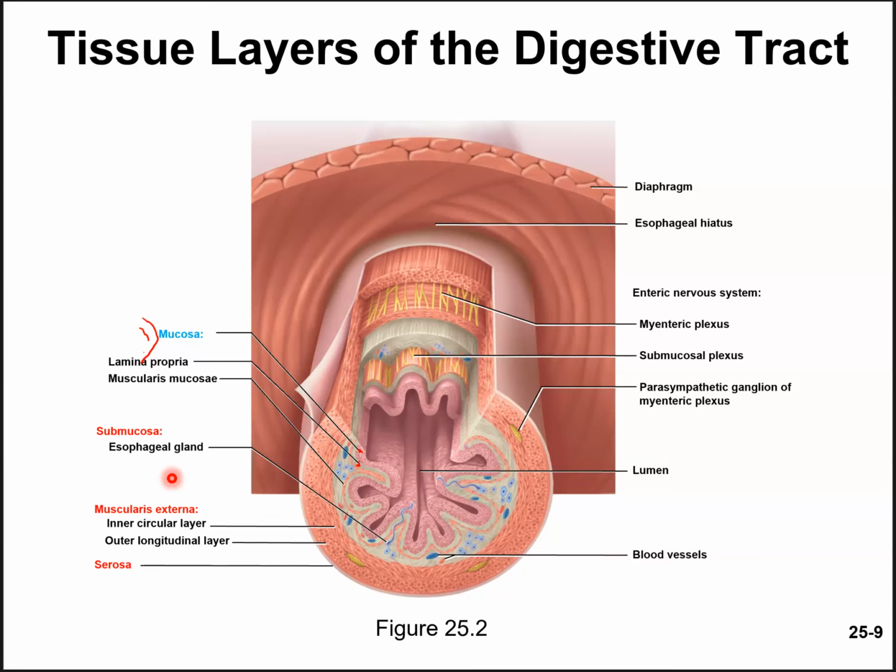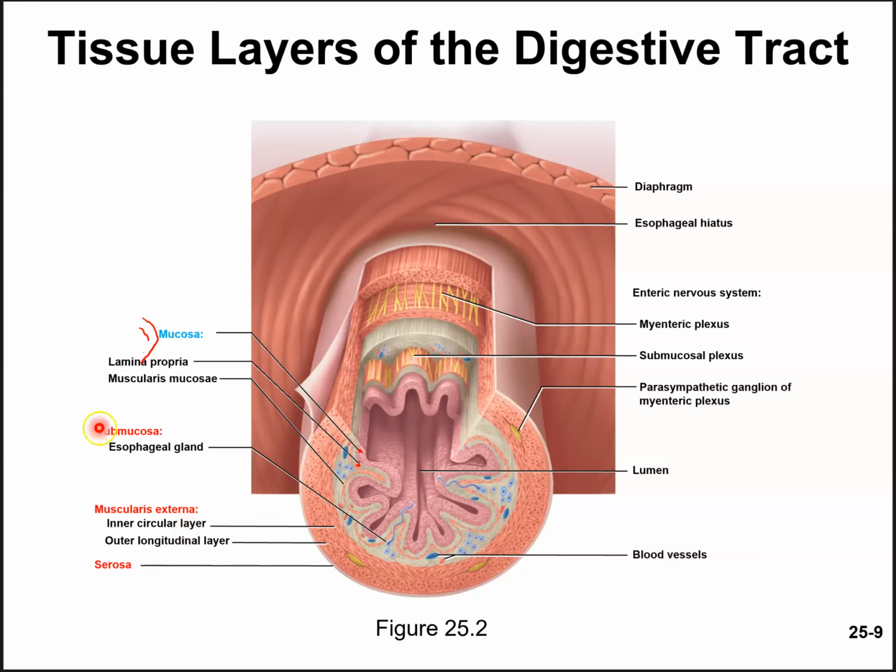The second and third layers, submucosa and muscularis externa, contain an enteric nervous system throughout to coordinate mechanical mixing, because this is an involuntary process over which we have no control.